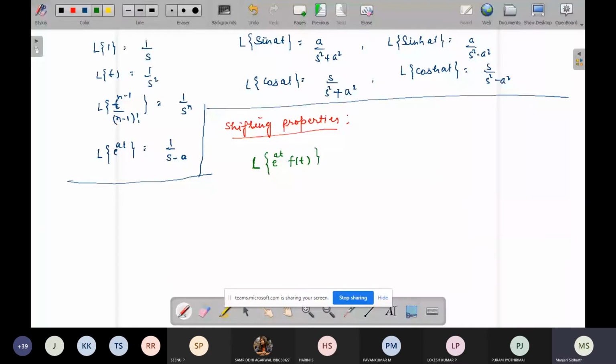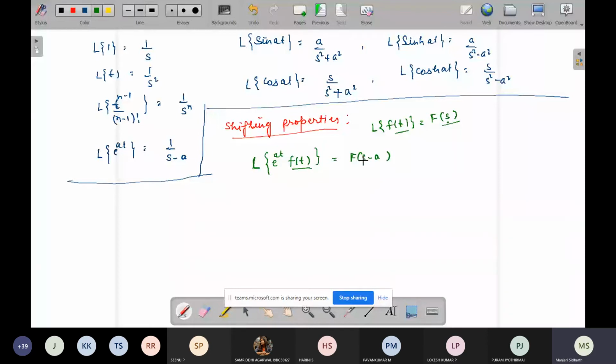If you have a simple function f(t) and we know that the Laplace transformation of f(t) is capital F(s), then if it is multiplied by e^(at), directly replace s by s minus a.